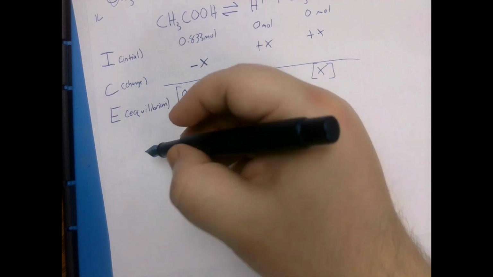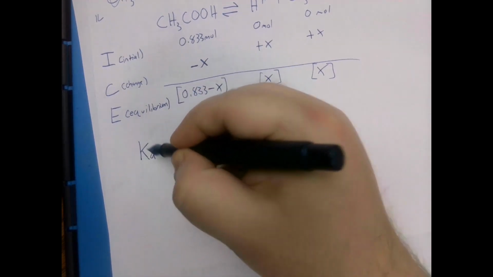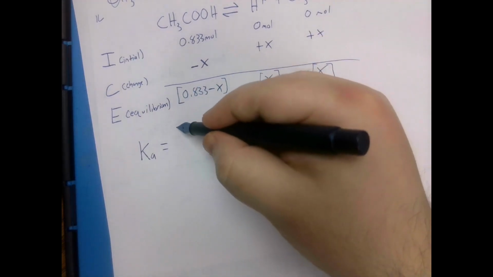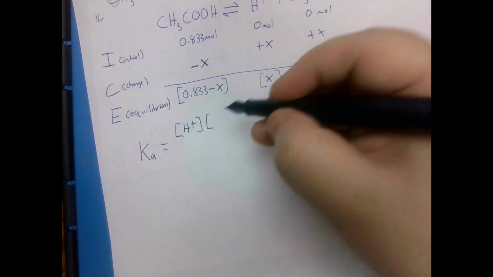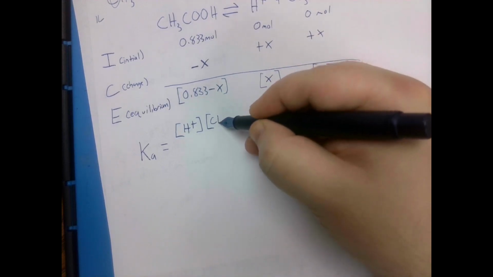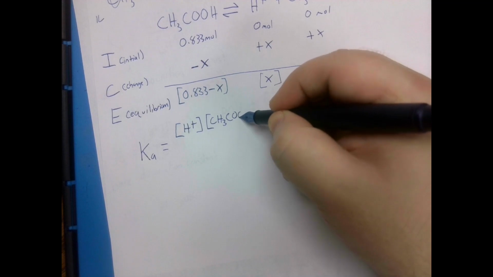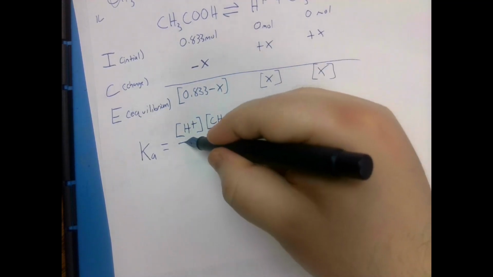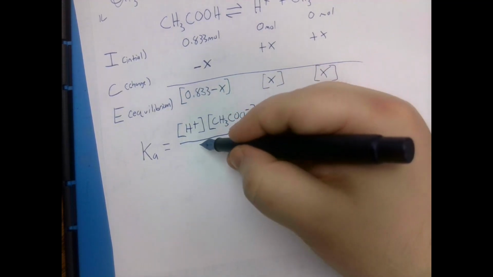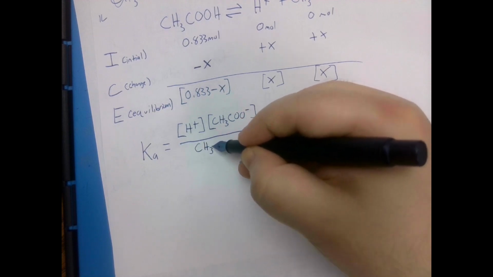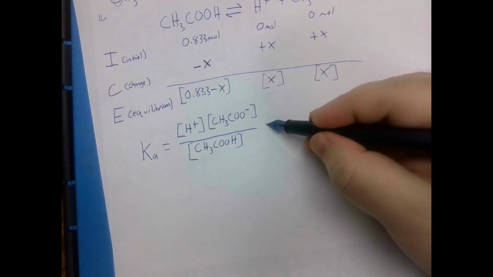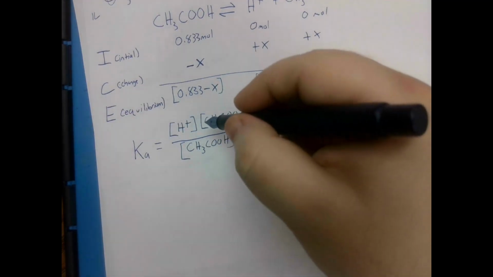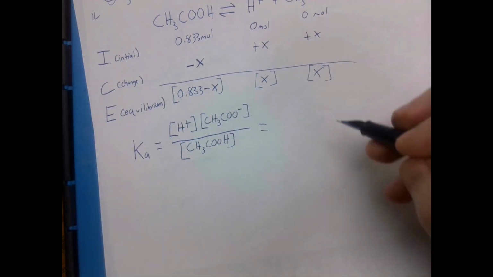So in other words, Ka, which is equal to the concentration of H plus times the concentration of A negative, which is CH3COO negative, divided by my concentration of acetic acid, it's going to reach this concentration level.